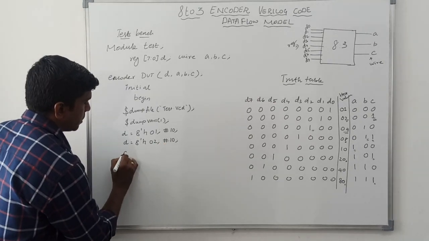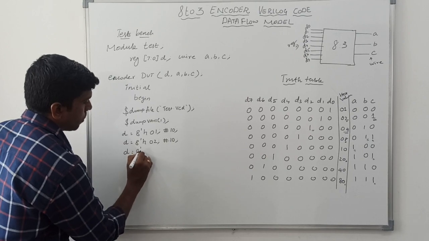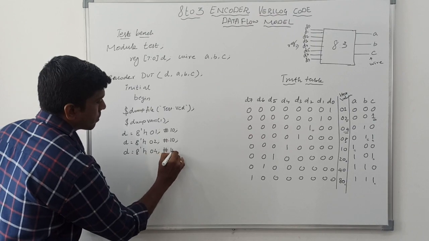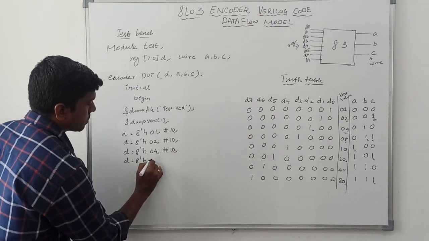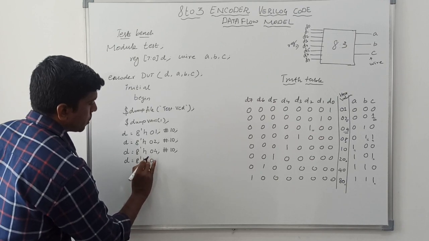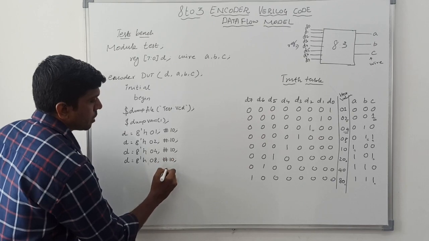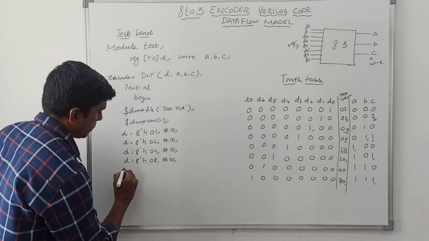After 10 nanoseconds, D values change from 02 to 04. 80 H 04. After 10 nanoseconds, D value equal to 80 H 08. So after 10 nanoseconds, D value goes to 10.